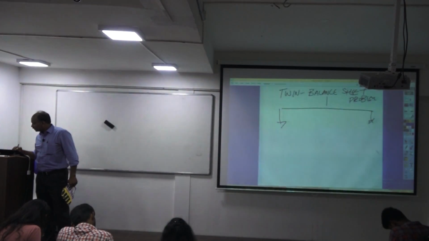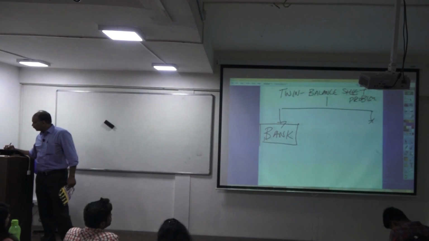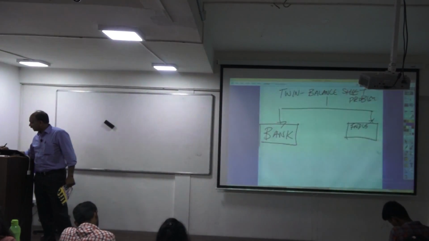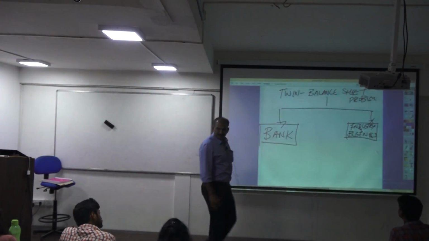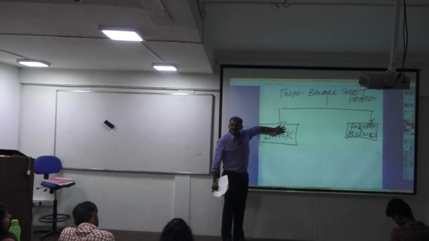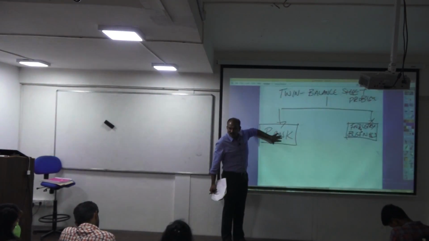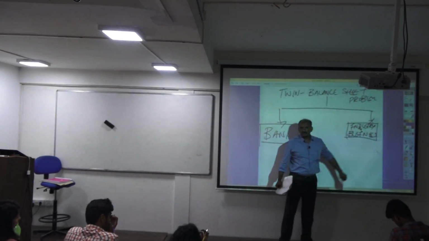So the twin balance sheet problem is, you have 2 components: banks as one component, and industry and business as the other component. The word twin means what? 2 factors. One is banking as a sector, another is industry and business as another group.